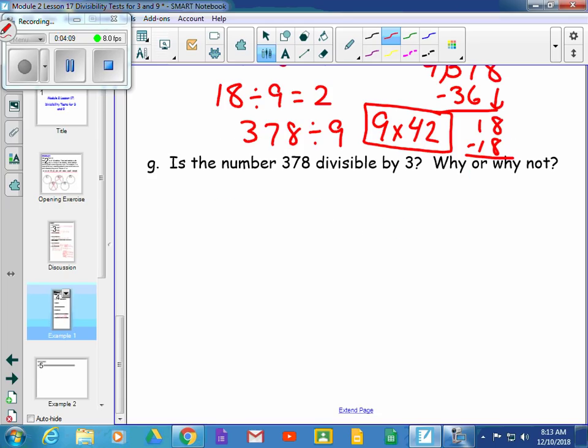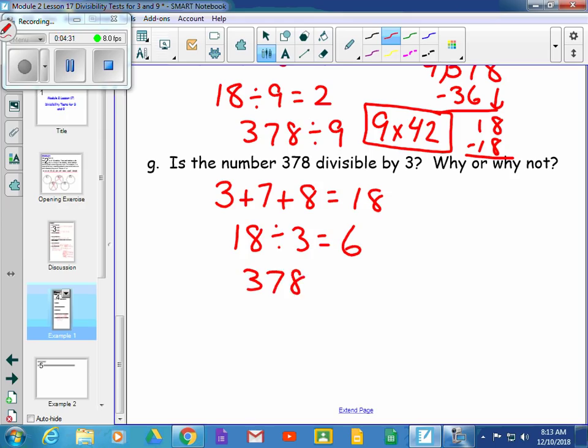Let's try letter G here. Is the number 378 divisible by 3? Let's apply the rule. 3 plus 7 plus 8 equals 18. Can 18 be divided by 3? Yes, it can. You get 6. So that means that 378 can also be divided by 3.